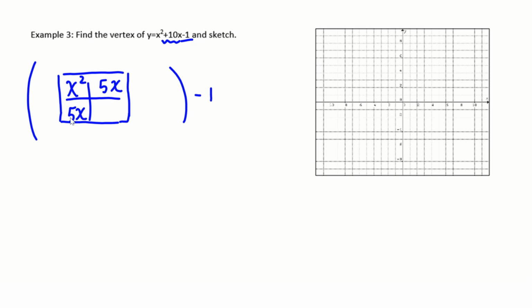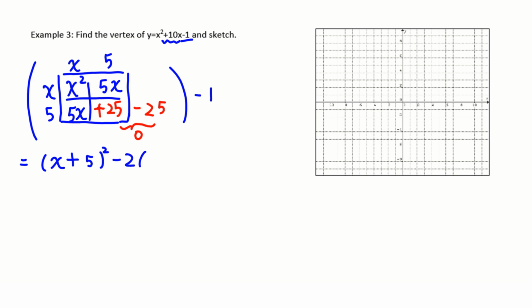So half of 10 gives you 5. Then x factor it, 5. We need to add 25 here to make it a perfect square, and remember we need to add 0 here. 0 minus 1 gives you minus 1. Then we write it, x plus 5 bracket squared. Then minus 25 minus 1 gives you minus 26.